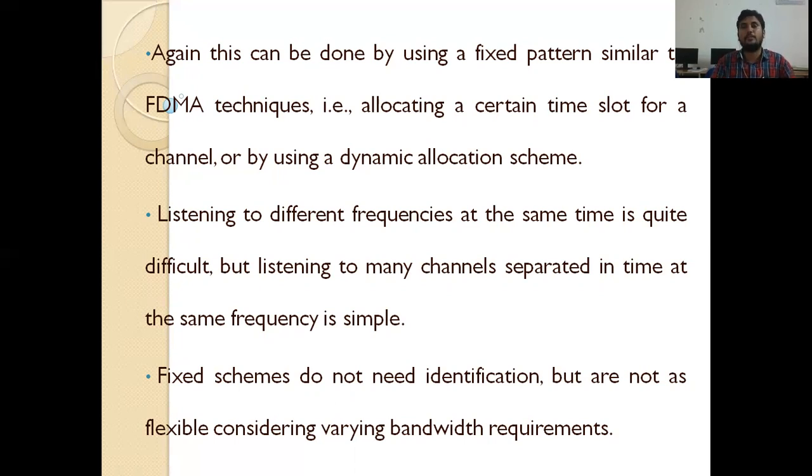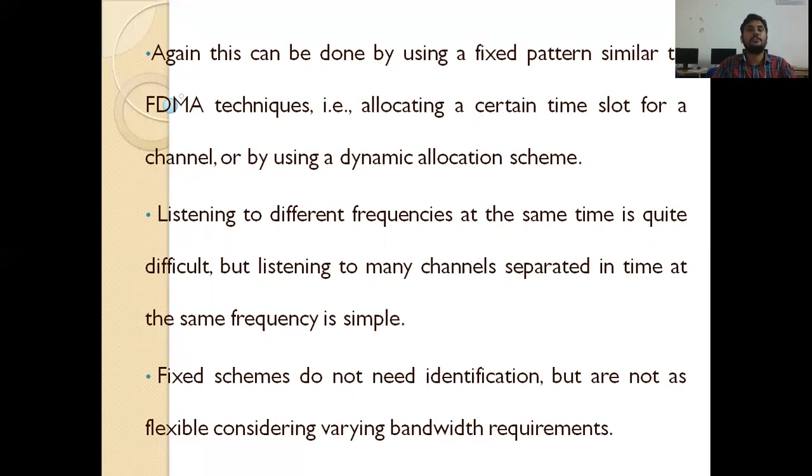But here in the TDMA, the time is allocated to each user. From 10 to 11, that is allocated to one subject. From 11 to 12, the time period is allocated to one subject. From 12 to 1, the time period is allocated to one subject. So if you click in at 10:15, you receive that subject only. If you enter at 10:30, you receive that subject only, because the entire bandwidth is used by the one user allocated for that time period.